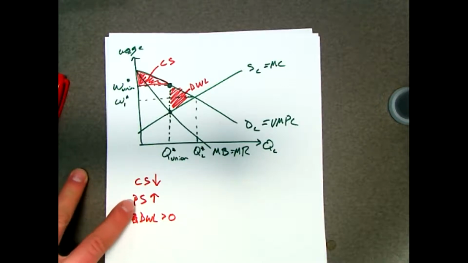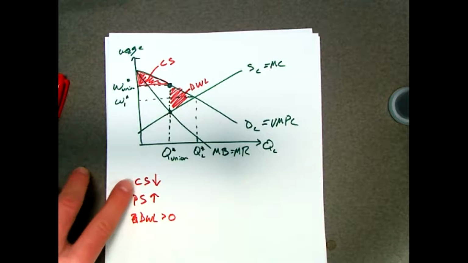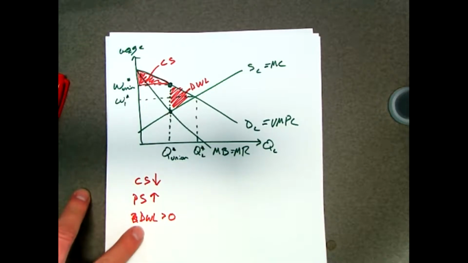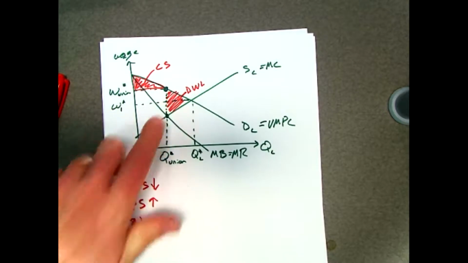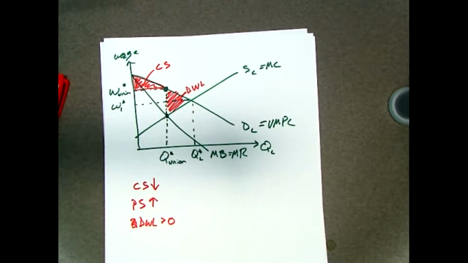Those are the workers. So the workers' surplus goes up, company's surplus goes down. However, for those who stay in the union, things are great, right? Wages are higher. But for some people, they would now become unemployed. Okay? And that would be the people in this deadweight loss. Okay?